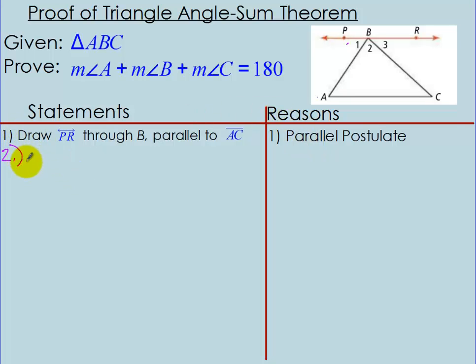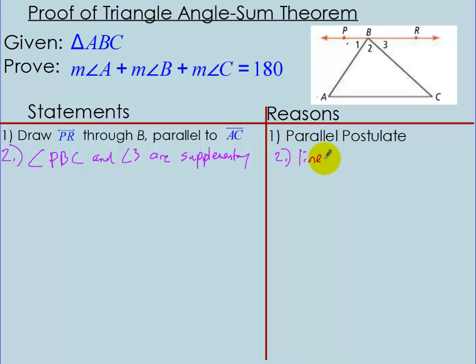Well, what's the next step? We know that angle PBC and angle 3 are supplementary. Why do we know that? Because angles that form a linear pair are supplementary.